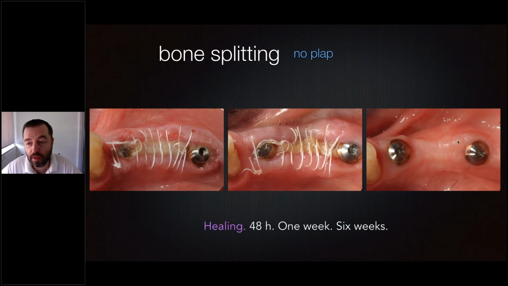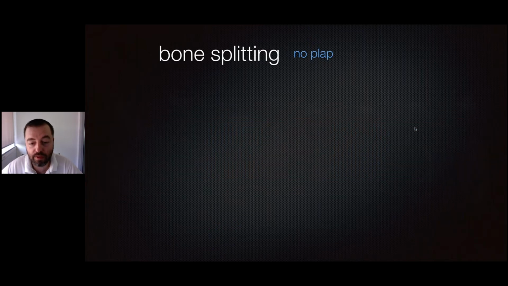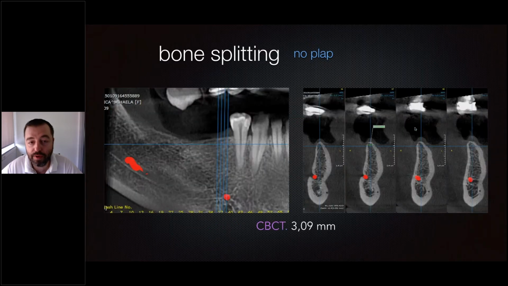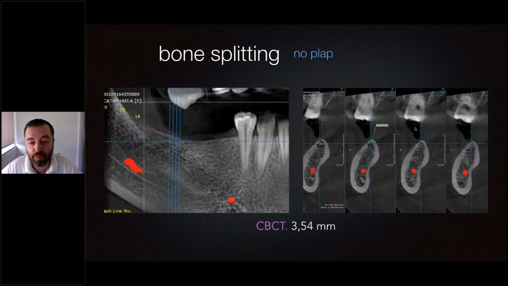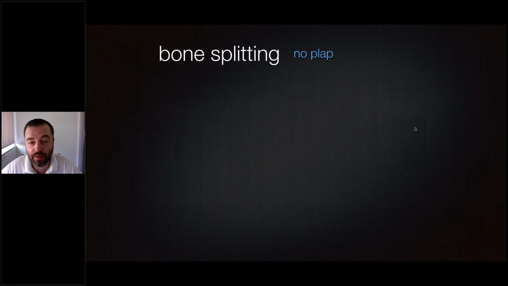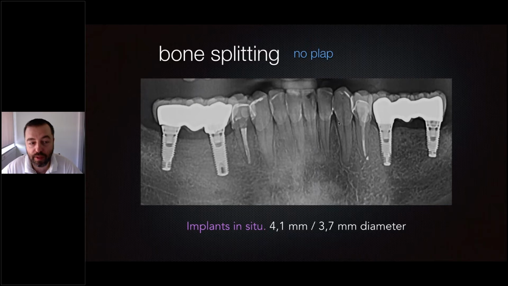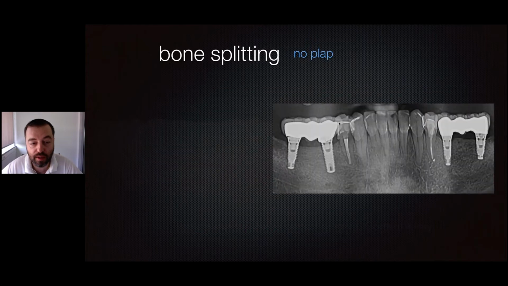You see, very nice outcome, and the great benefit is that we don't lose this vestibular space. This is how it looked like, 3 millimeters before, here 3.55, and the X-ray with the 4 millimeters implant and the arch rehabilitation again.